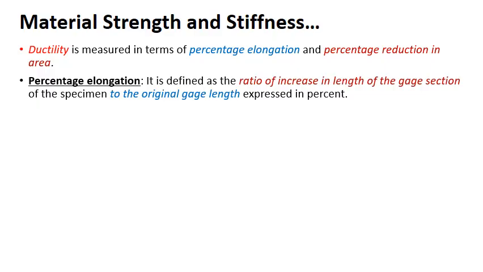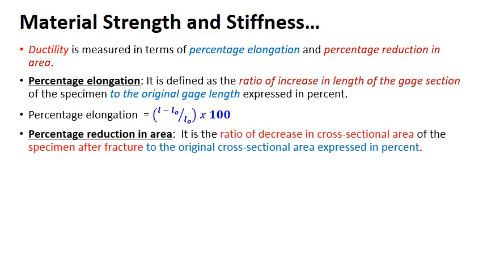Percentage elongation is the ratio of the change in length of the gauge section to the original gauge length, expressed as a percent. Similarly, percentage reduction in area is the ratio of the decrease in the cross-sectional area of the specimen after fracture to the original cross-section, expressed as a percent. So this formula is very important.